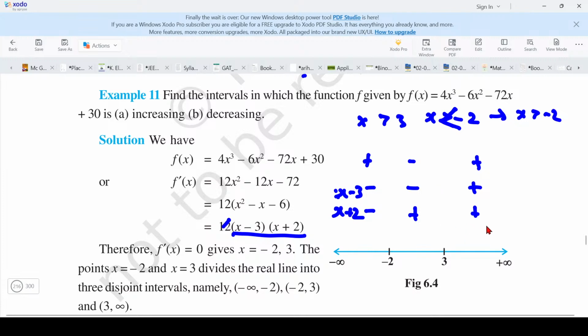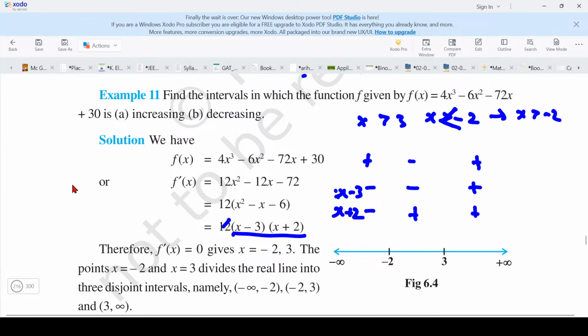After 3, you get a positive number. Essentially, after 3 the product is positive, before minus 2 the product is positive, and between minus 2 and 3 the product is negative. Or otherwise you can see this as x square minus x minus 6. This is a quadratic equation, right?